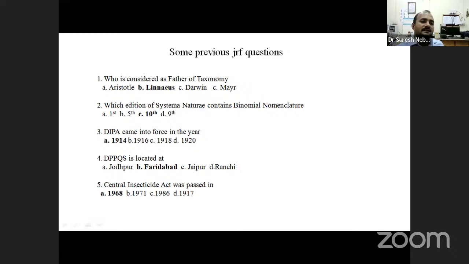Then about the Central Insecticide Act, because this is all part of our history in India, the rules and guidelines in India. Now the new Pesticide Management Bill 2020 is going to come. So you should know about this act and its rules, when these rules came into force, and that the year for this act is 1968.